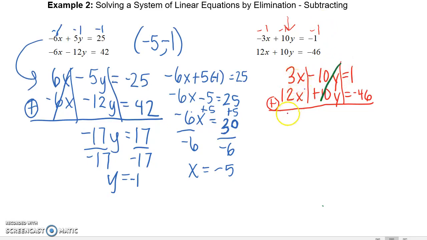So 3x plus 12x is 15x, and that equals -45, because that's 1 plus -46. And now I need to divide by 15. So that means x is -3.